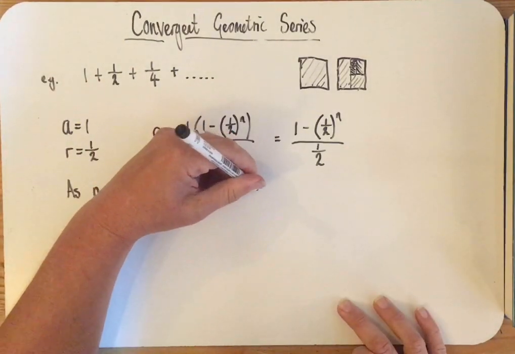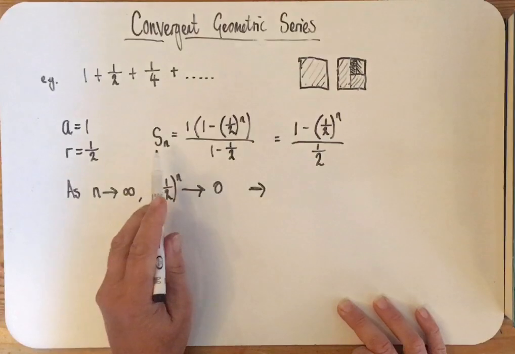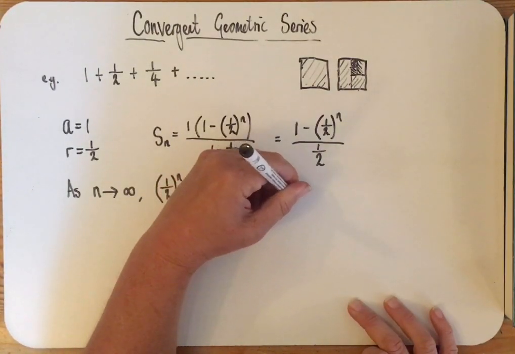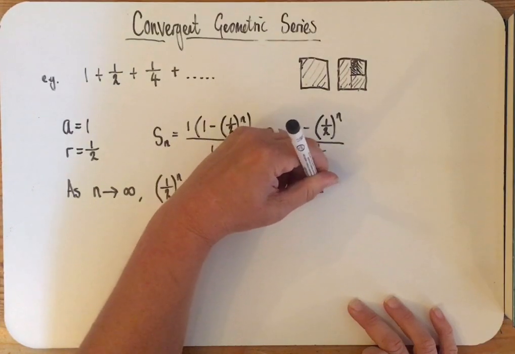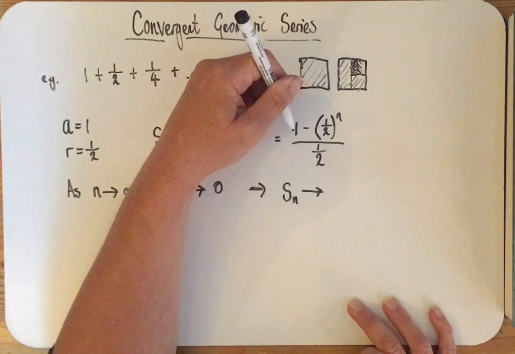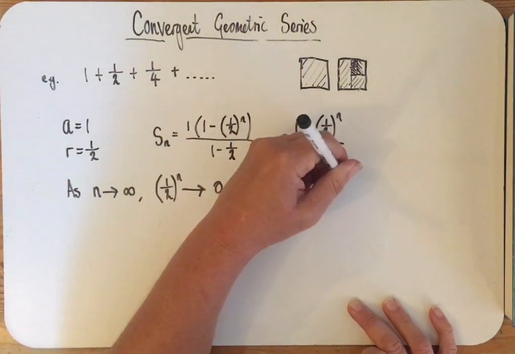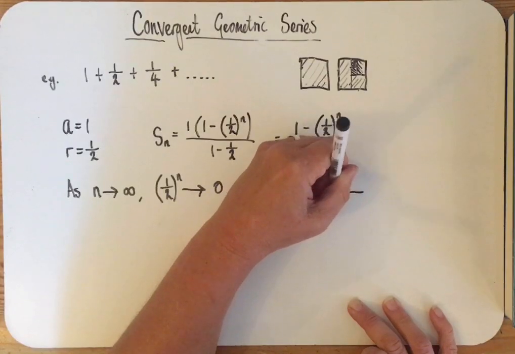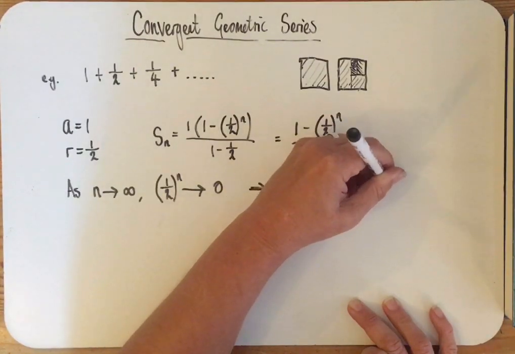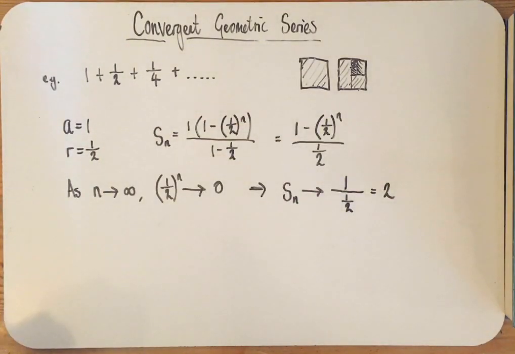And so this sum here will approach, so half to the power n is going towards 0, so this sum is going to 1 over a half, and 1 divided by a half is equal to 2.